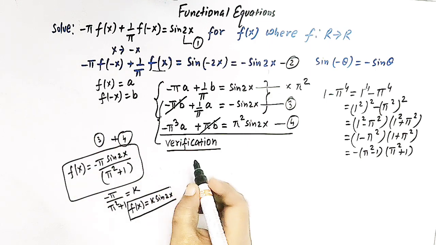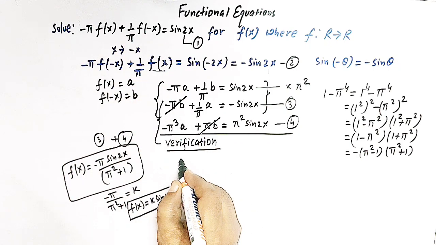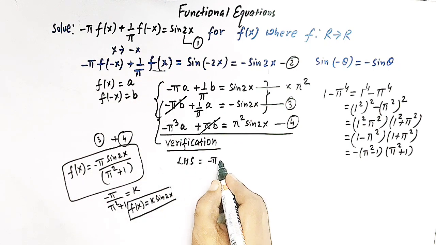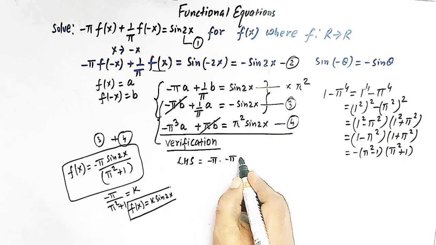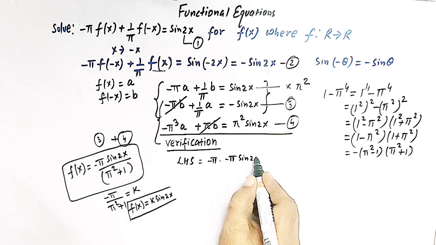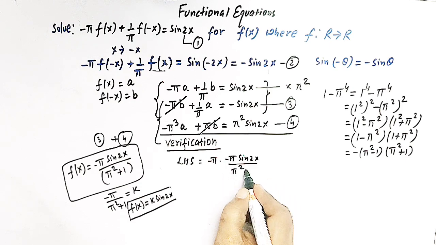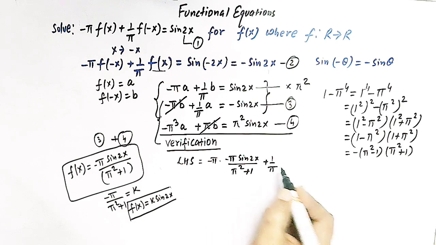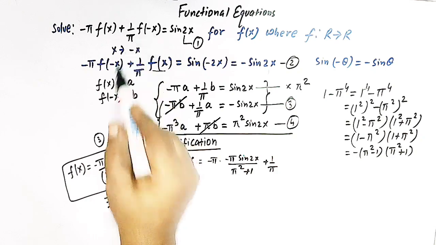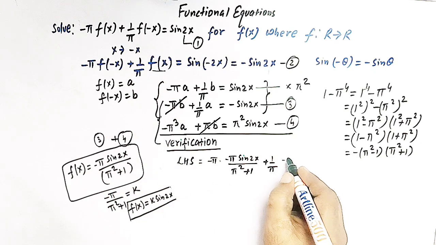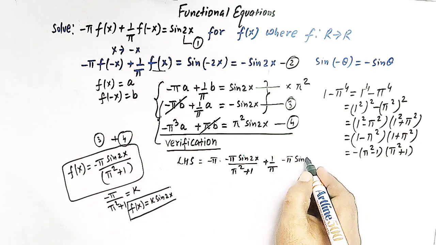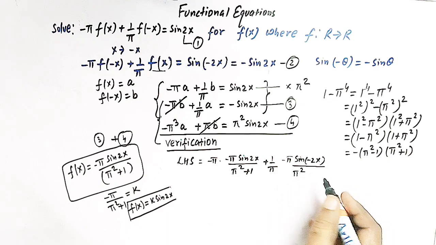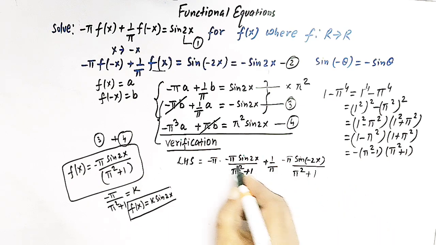So we have the left hand side, that is LHS, equal to minus pi times f of x, which is minus pi sine 2x divided by pi square plus 1, and then we have 1 over pi times f of minus x, which is given by minus pi sine of minus 2x divided by pi square plus 1.